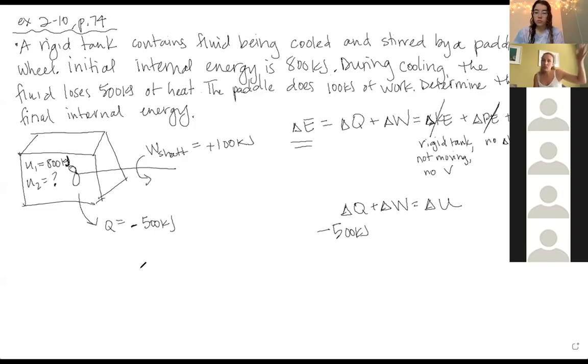So the system is losing 500 kilojoules of heat. The work being done on the system is 100 kilojoules, positive. And this is going to be equal to our change in internal energy.